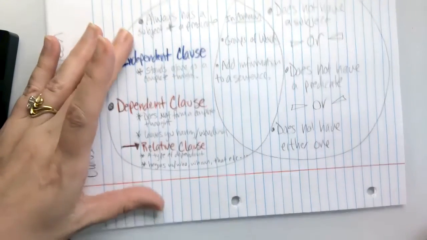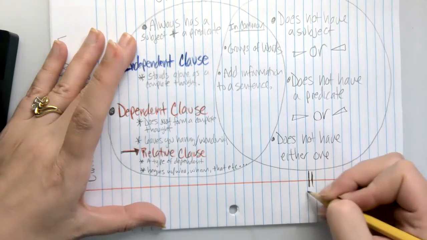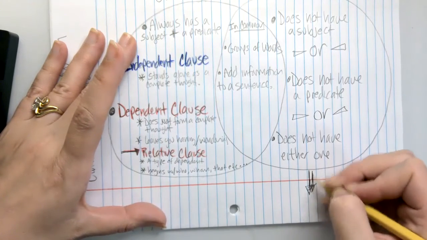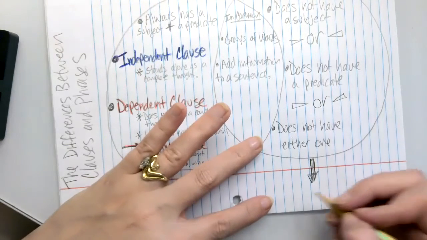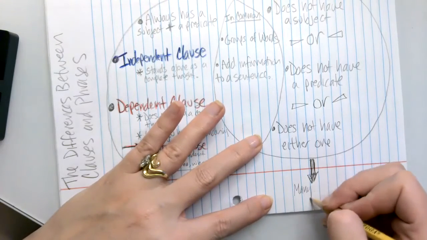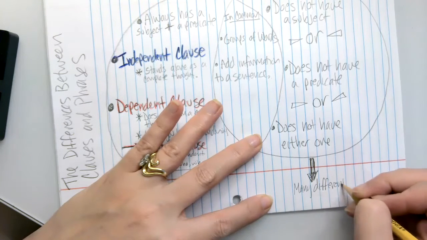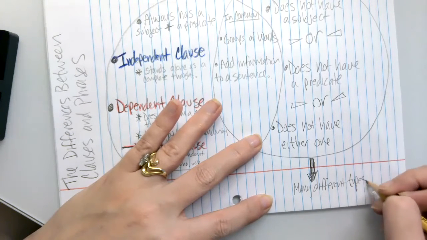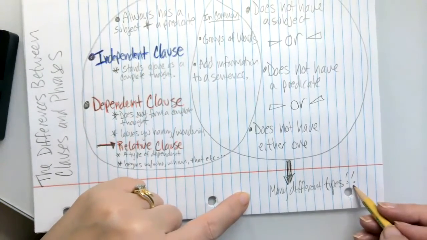Okay. The last thing we're going to write on our notes, we're going to draw an arrow down here, and we're going to write many different types. And that's not for today's lesson.